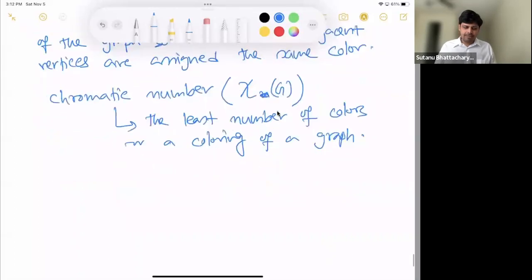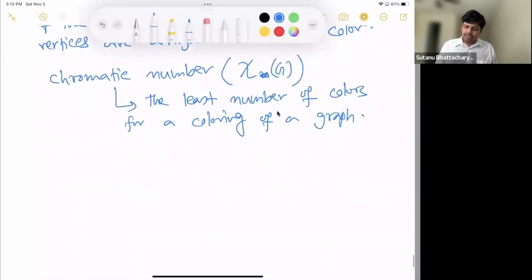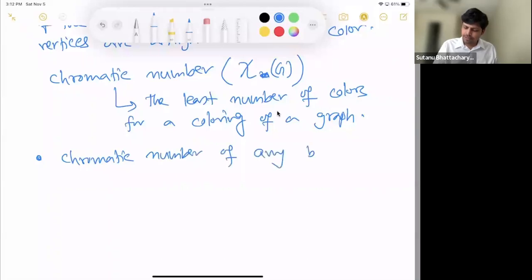That is the chromatic number. So the chromatic number of any bipartite graph equals 2.